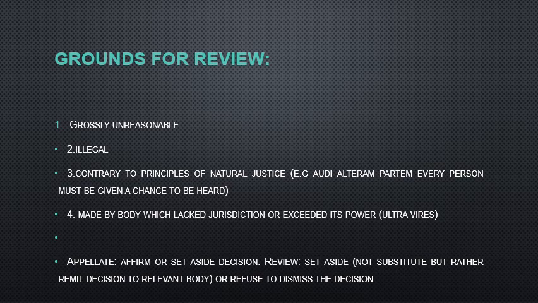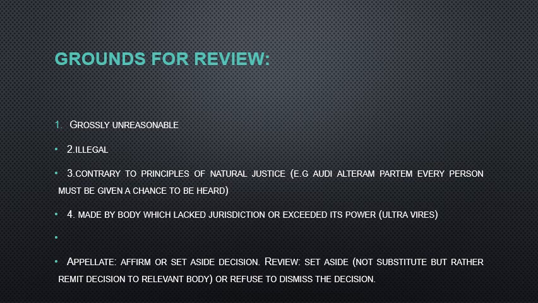And then appellate, affirm, or set aside. So in terms of an appeal procedure, what happens is that they may choose to affirm, to say no, the decision that was made was correct, and then that is that. Or they may set aside that decision and say no, the decision is wrong, you are completely absolved if, let's say, the decision was against you.